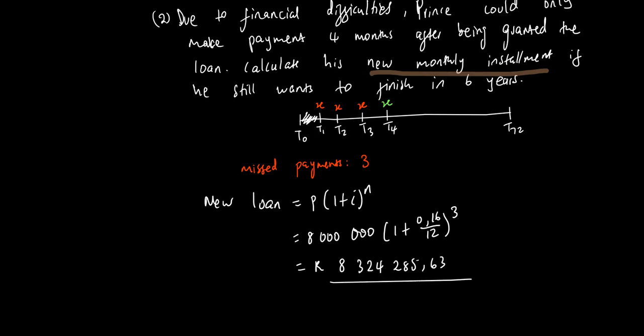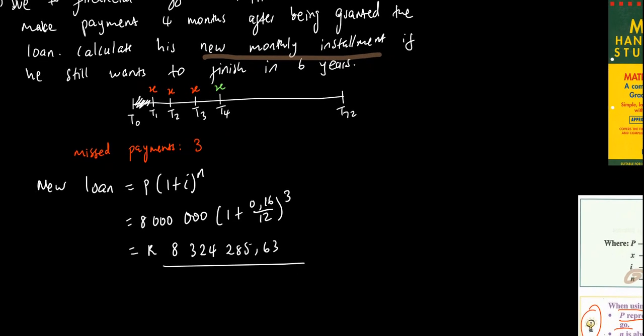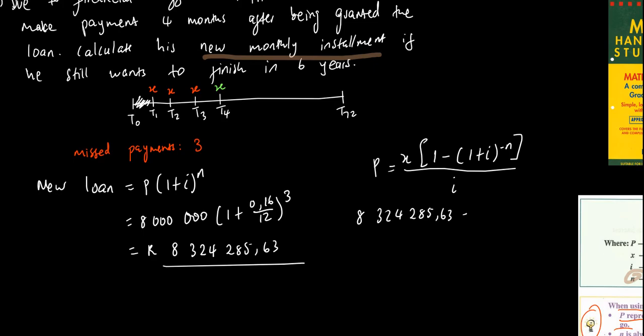And because that is the new loan, I'm going to have to pay new monthly installments to settle it still in 6 years. So I say P is equal to x times (1 minus (1 plus i) to the power negative n) all over i. The new loan is now 8,324,285.63. I want to know the new monthly installments, and then the interest 0,16 over 12.